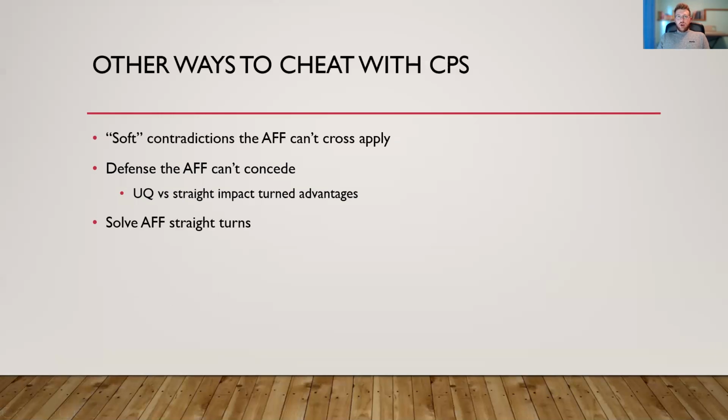You can also solve affirmative straight turns. Let's say you read a politics disad and they read a non-unique argument and link turned it. So that's a straight turn. You can counterplan to pass the politics disad.